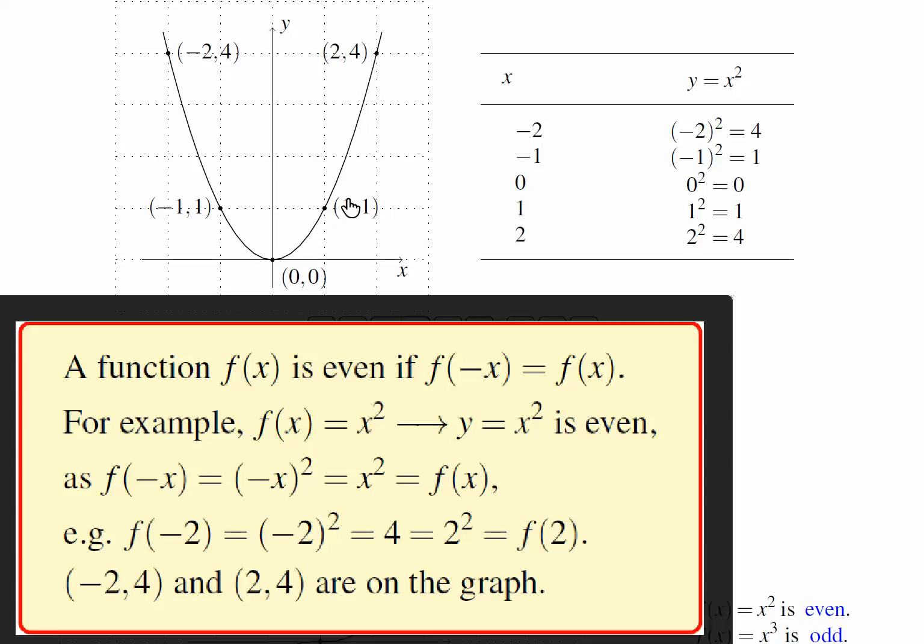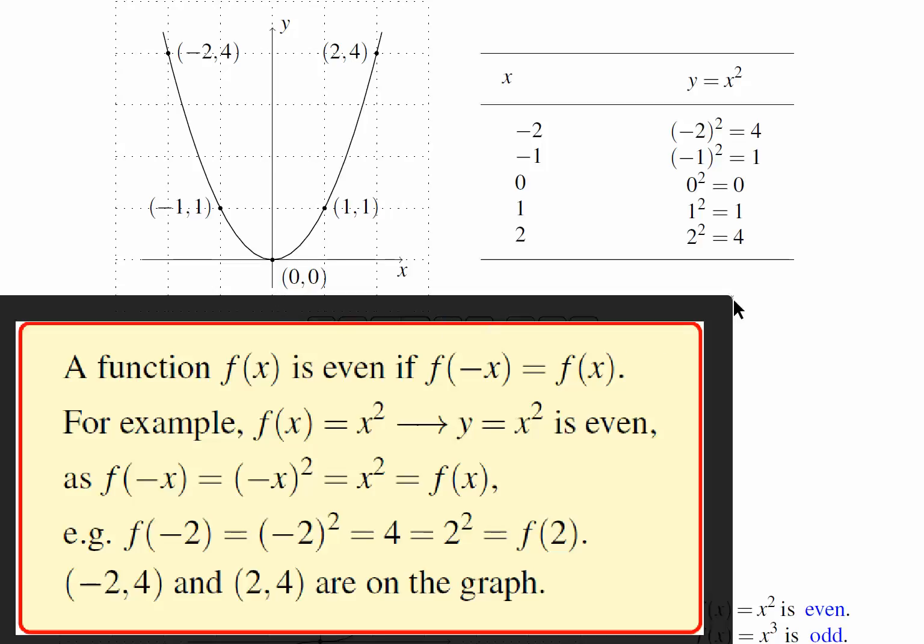When x is positive 1, you get positive value for y as well. Every point on the graph has this property. So even function is symmetric with respect to y-axis. That's the property.